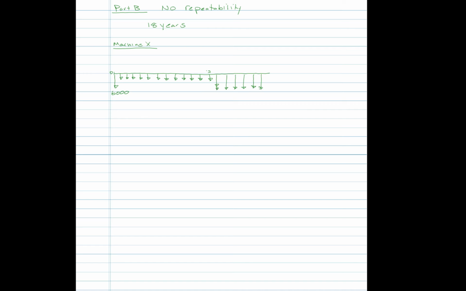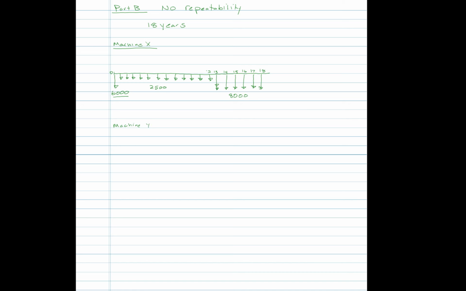I should have made this one longer because the lease cost is $8,000 per year. So our initial outlay of $6,000 to buy the equipment, and then annual expenses of $2,500, and then at the end of year 12, for year 13, 14, 15, 16, 17, and 18, it's $8,000 a year. By contrast, machine Y just has its natural cash flow.